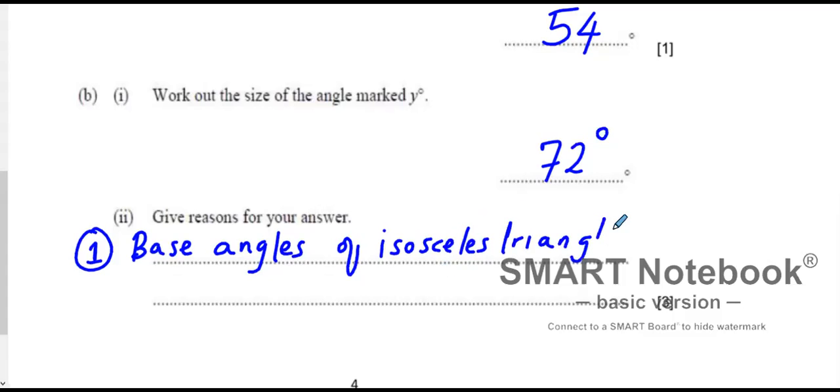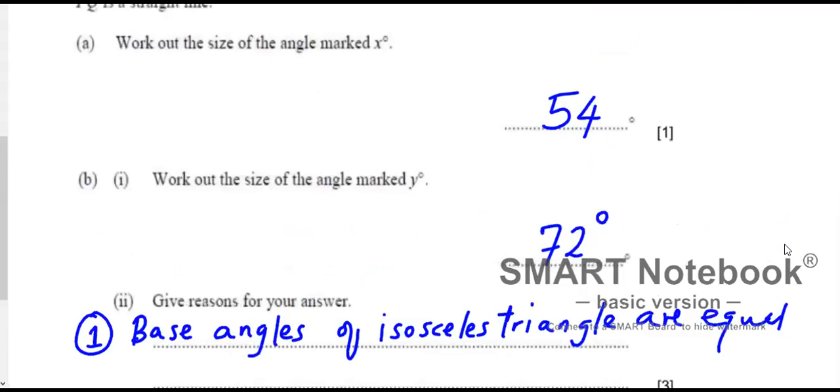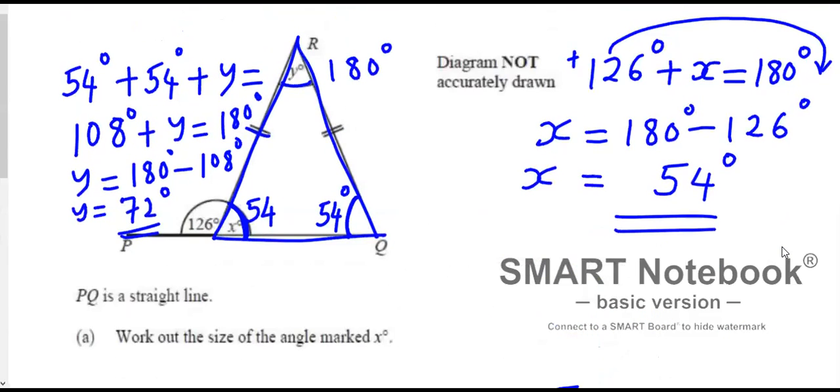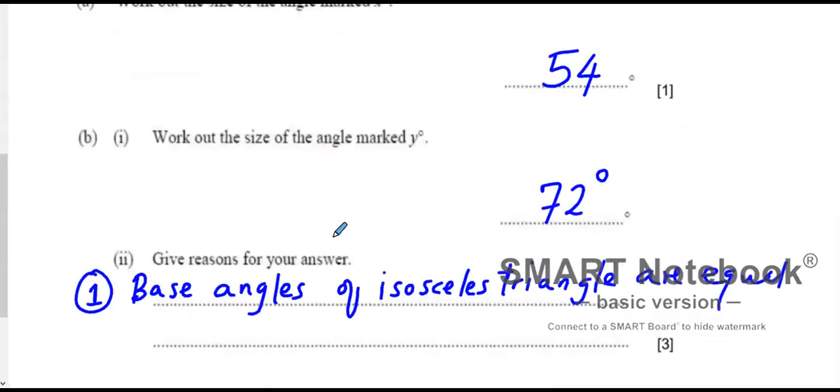Base angles of isosceles triangle are equal. And you could see here that when I got 54 here, I also said that angle equals 54. That is one of the reasons I used.